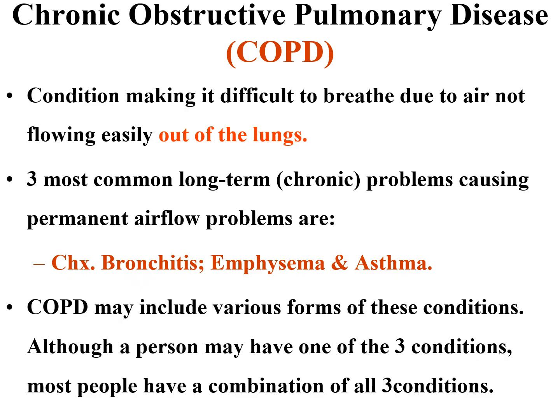Now, the three most common long-term chronic problems causing permanent airflow problems are chronic bronchitis, emphysema, and asthma. Now, COPD may include various forms of these conditions. Although a person may have one of the three conditions, most people usually have a combination of all three.